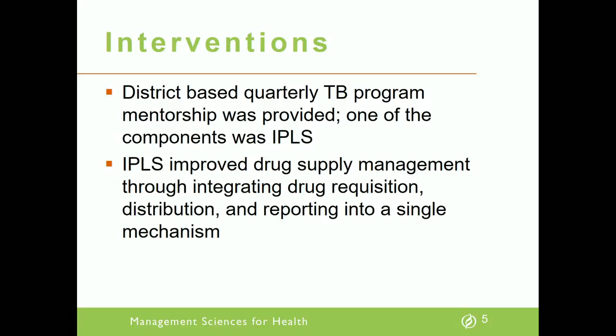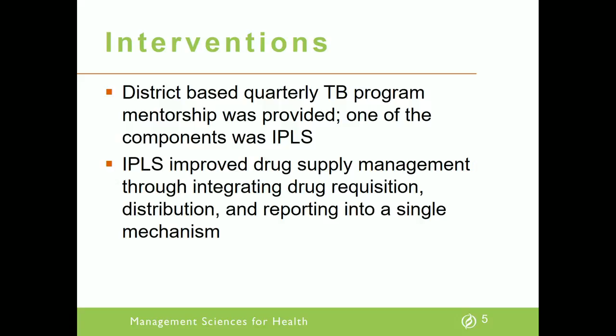Our health facilities have to use the recording and reporting mechanism that was created by the National TB program. There are two types of recording and reporting tools. One is IFRR, which is Internal Facility Report and Resupply Report, and the second one is RRF. The internal one is where the TB clinic requests medication from the drug store within the health facility.